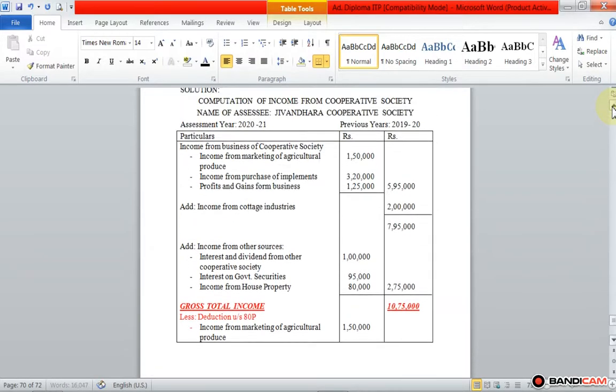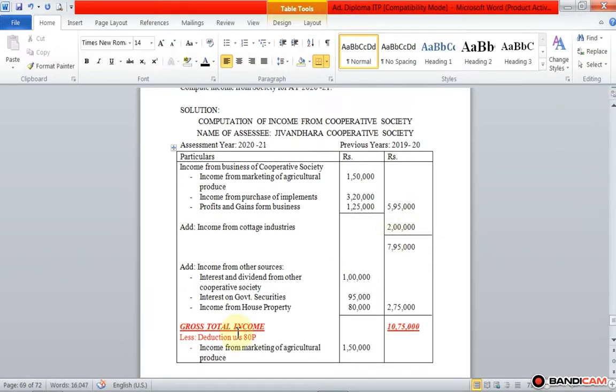Then next, income from other sources. In income from other sources, interest and dividend from other cooperative societies is allowed for a deduction.